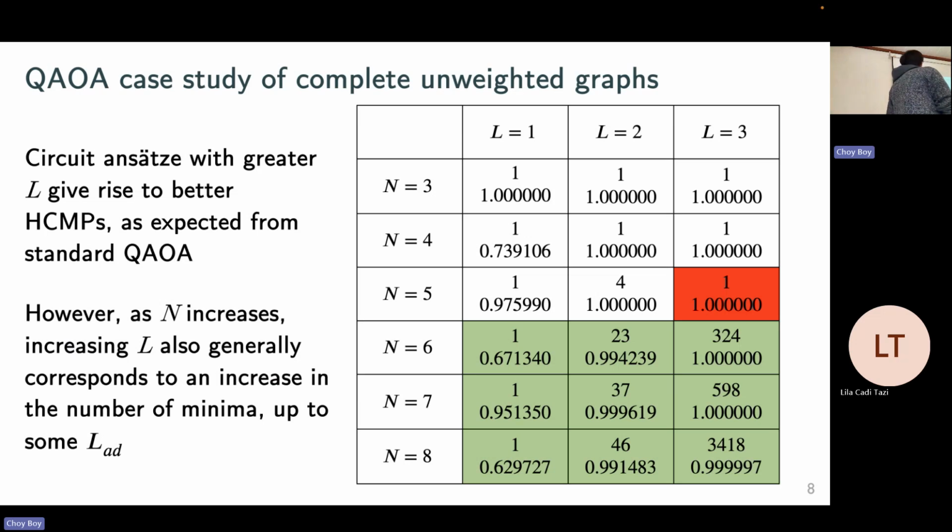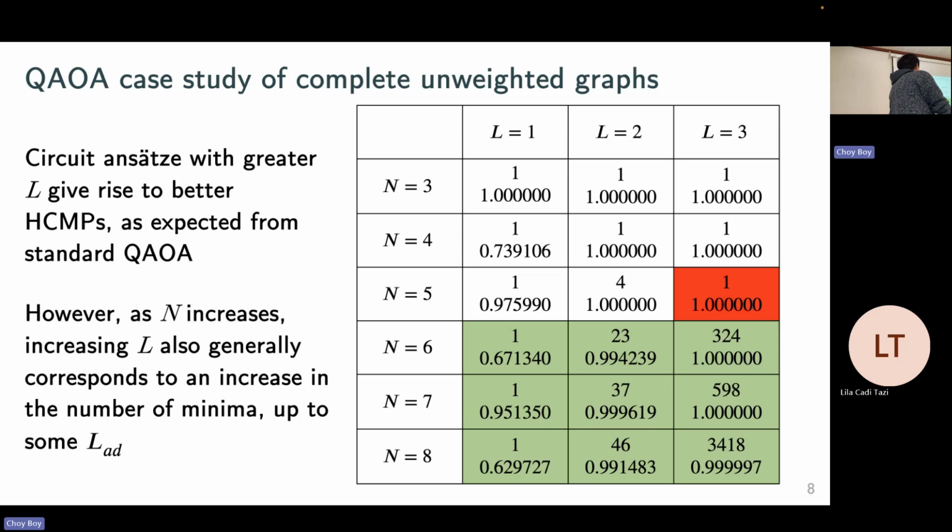So this is what we have done for complete unweighted graphs. These are graphs where every vertex is connected to every other vertex, and all the vertices are of weight 1. We get some interesting results.